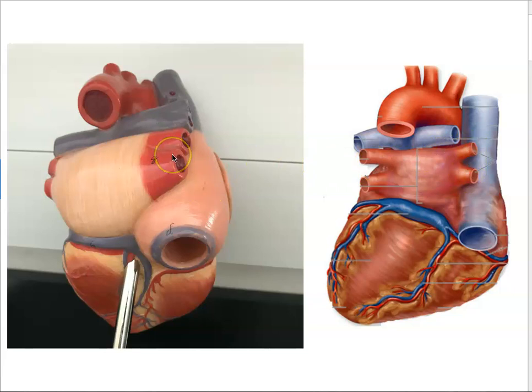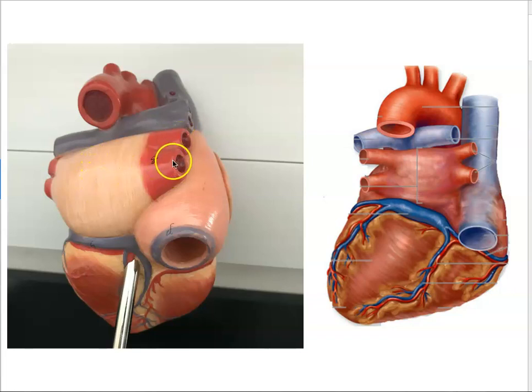Veins means what? Taking blood back to the heart. The pulmonary veins are bringing blood from where? Pulmonary means lung. So the pulmonary veins are taking oxygenated blood back to the heart, specifically back to the left atrium.